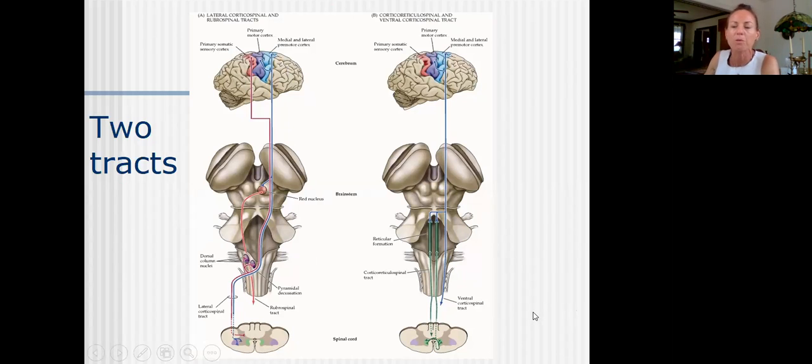If we get damage, I hope you figured out by now, to the medial corticospinal tract, you're going to end up having problems with posture and balance and things like that. Whereas if you get problems with the lateral corticospinal tract, you're going to have problems moving one side of your limbs, basically.